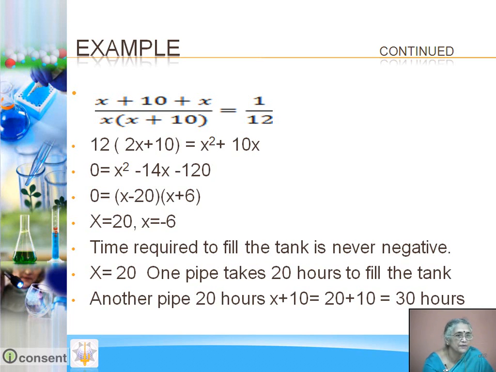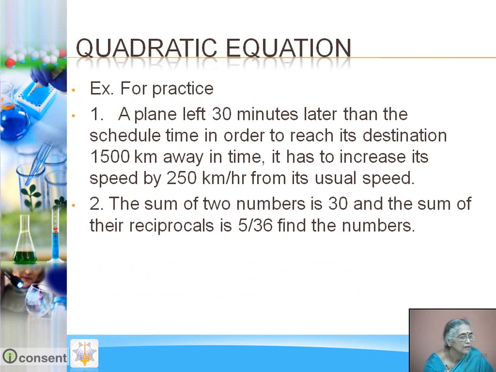So obviously we will not accept value x is equal to minus 6. So x is equal to 20. So one pipe takes 20 hours to fill the tank, and another pipe takes 20 plus 10, that is 30 hours to fill the tank if that pipe functions alone.